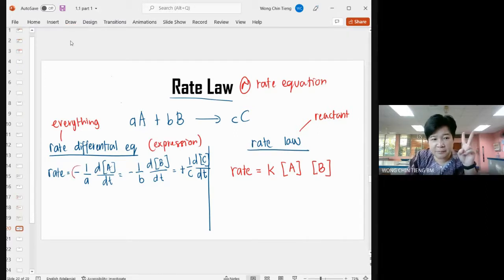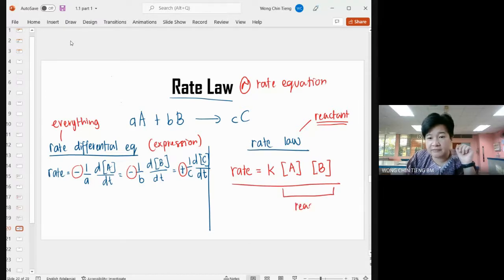Do we have the positive negative anymore? Do we need the positive negative? No. Why we don't need the positive negative? Sebab kita tahu dalam rate law, sayang, kita hanya ambil reactant. Apa-apa yang ada dalam rate law, mesti reactant.